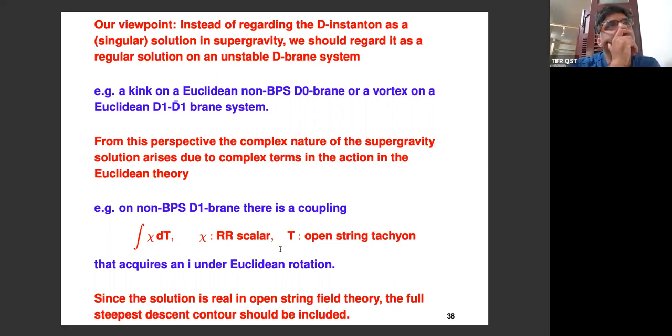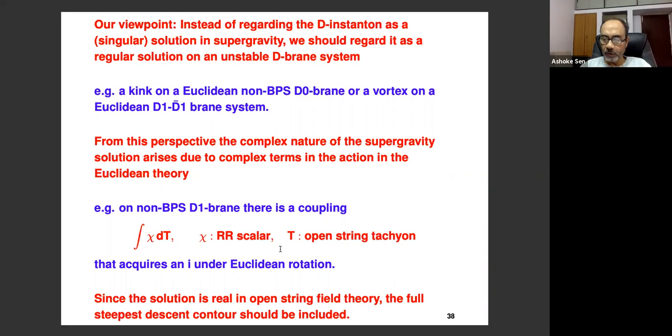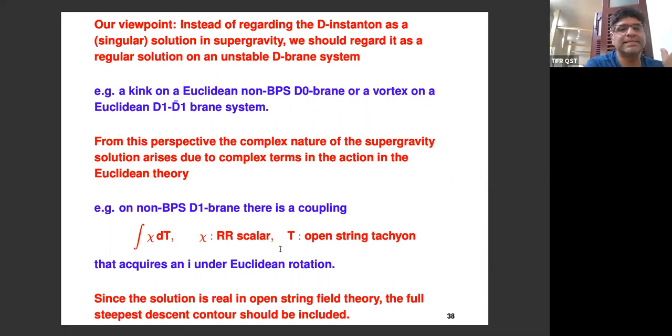Sorry, I was thinking about your previous talk, your talk at ICTS, where you had a path that went along what looked like a real contour up to a top and then branched off into the complex plane. In that case, also the two saddles were at real values, right? That's true. But there's a tachyon. Your path had to go off into the complex plane after hitting the second saddle.